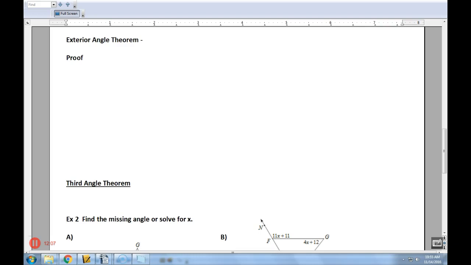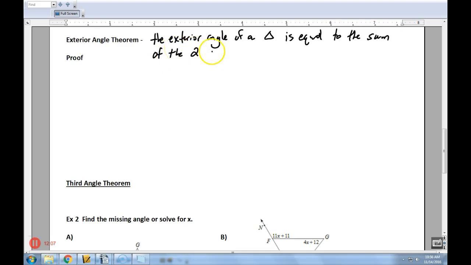Exterior angle theorem: the exterior angle of a triangle is equal to the sum of the two, and then here's where some vocab comes in, remote or far away interior angles. Now, the words don't really mean a whole lot, but I think a picture will help.